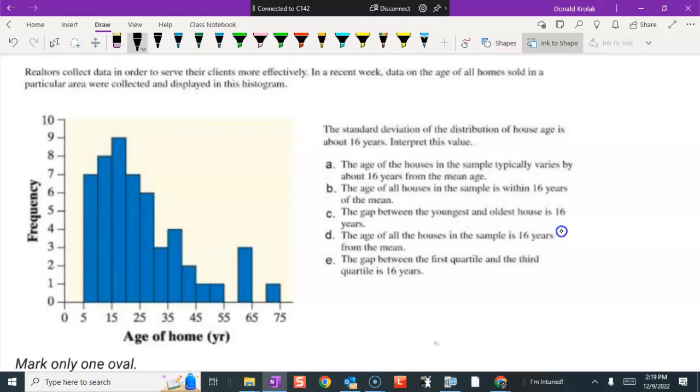Okay, realtors collect data in order to serve their clients more effectively. In a recent week, data on the age of all homes sold in a particular area were collected and displayed in this histogram. The standard deviation of the distribution of the house age is about 16. What does that mean?